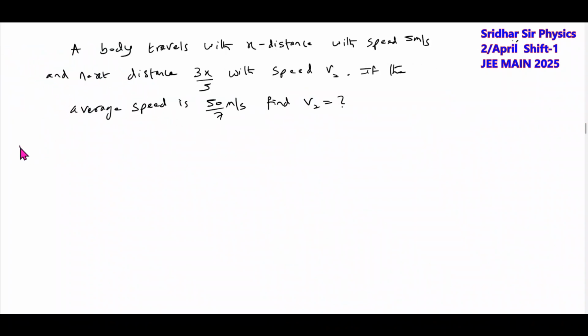This question is based on kinematics 1D, uniform accelerated motion. A body travels x distance with speed 5 meters per second, and the next distance 3x by 5 with speed v2. If the average speed is 50 by 7, find v2.